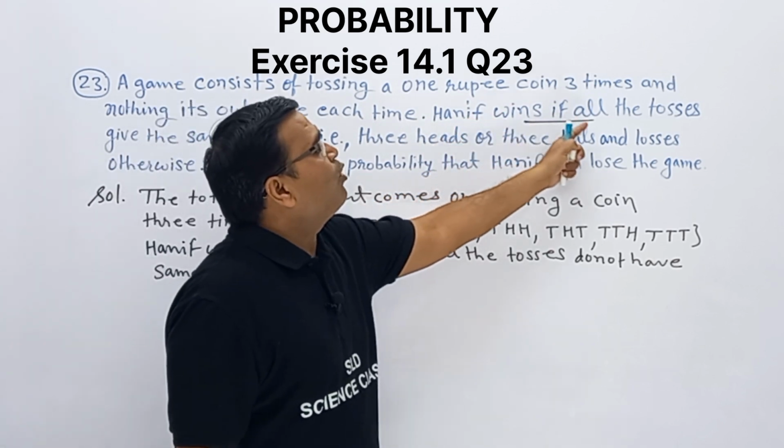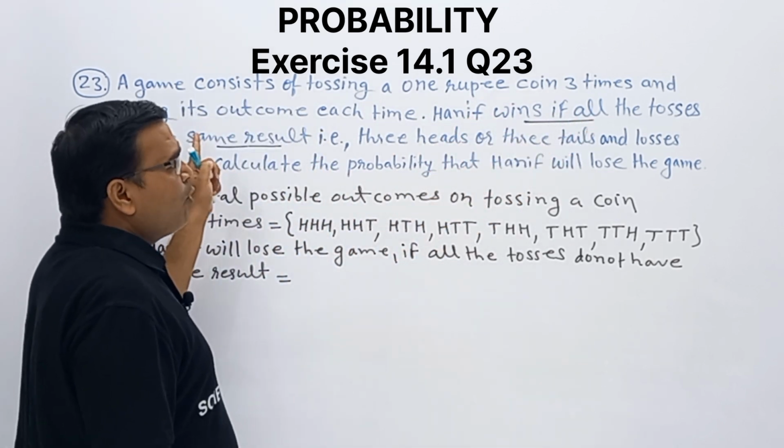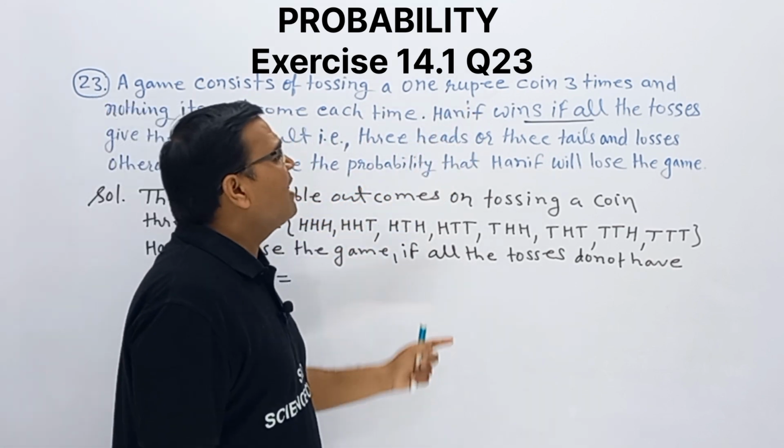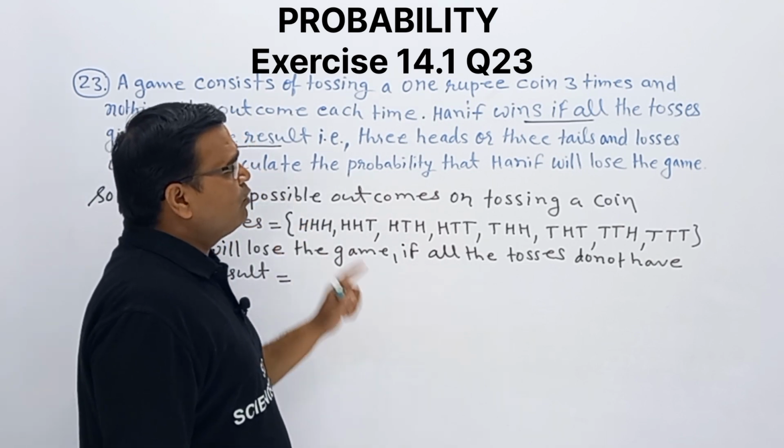Hanif wins if all the tosses give the same result. If all the tosses give the same result, Hanif wins. Otherwise, lose.